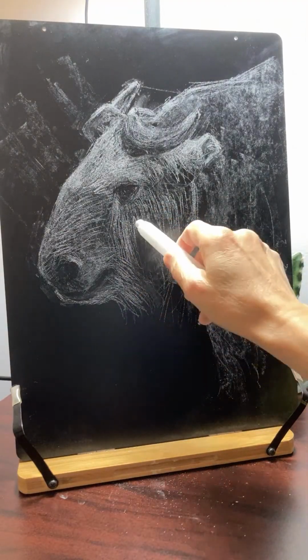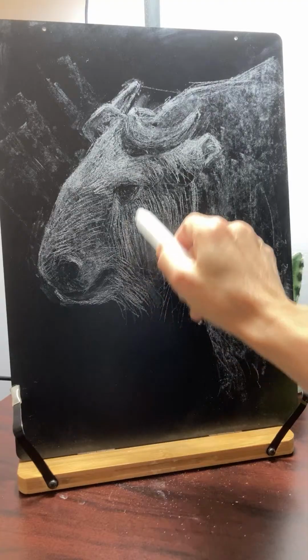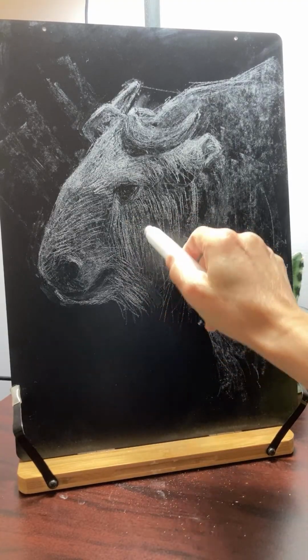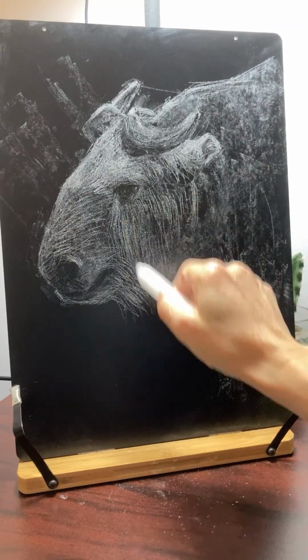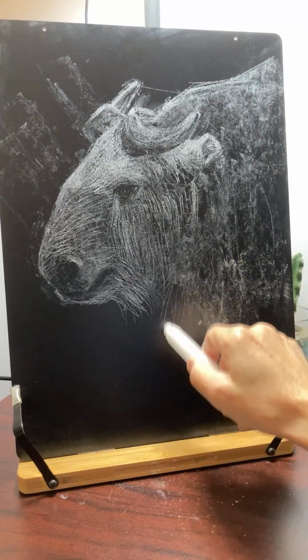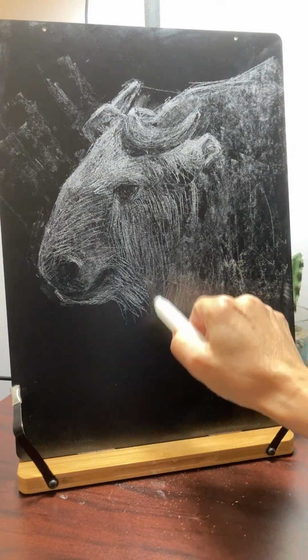You see, he got a very smooth and shiny hair. It goes down like this. He got a shadow here.